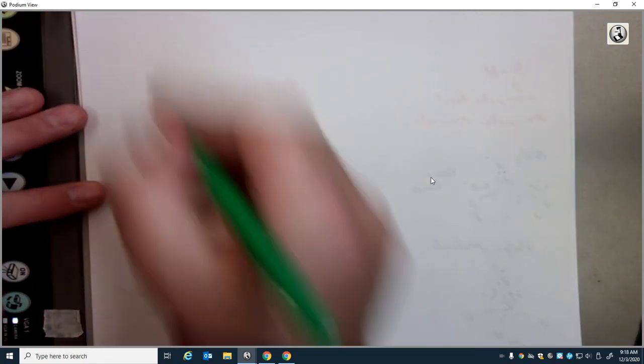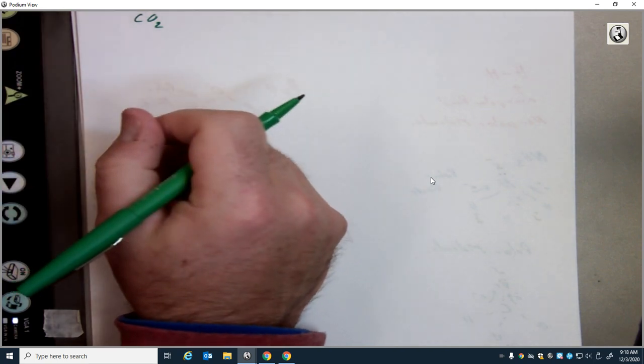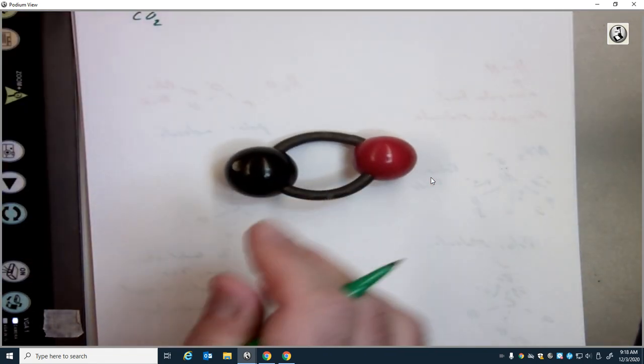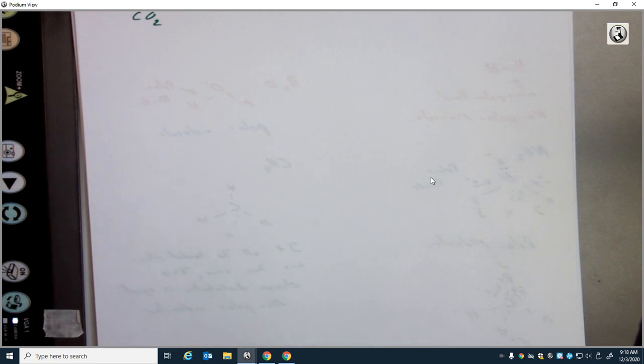Let's look at carbon dioxide again. And I got to build it real quick. So in our carbon dioxide, we have two double bonds.